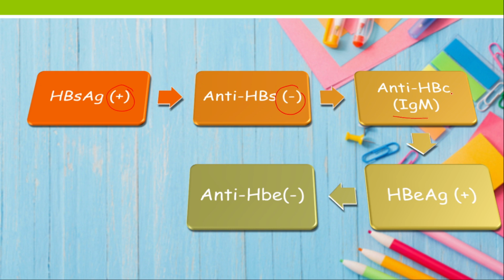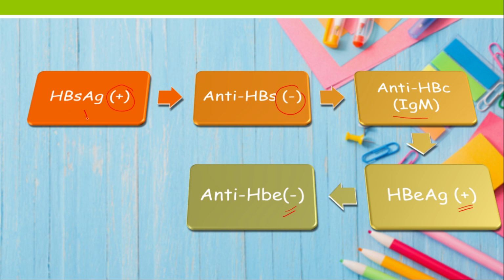Already I had told the antigen related to HBc is not so important. So let's see the antibody related to HBc, where IgM is positive, and at last HBeAg is positive and anti-HBe is negative. So now we are going to form our inference.